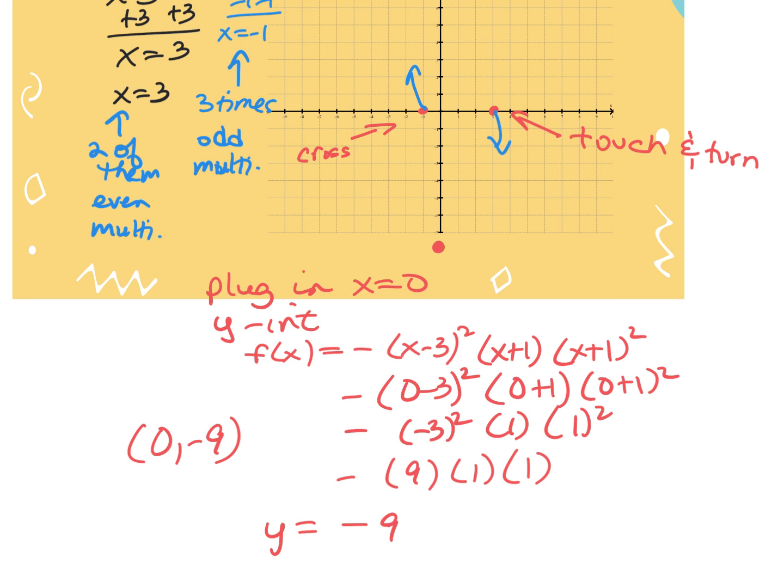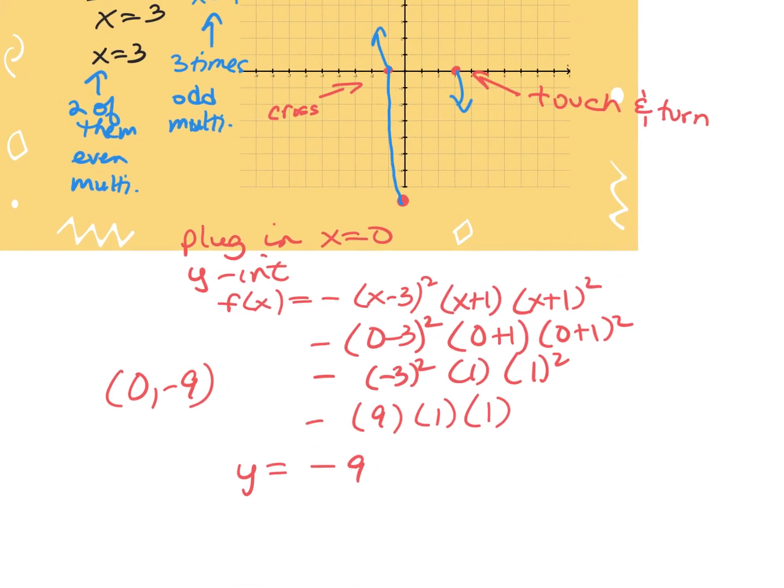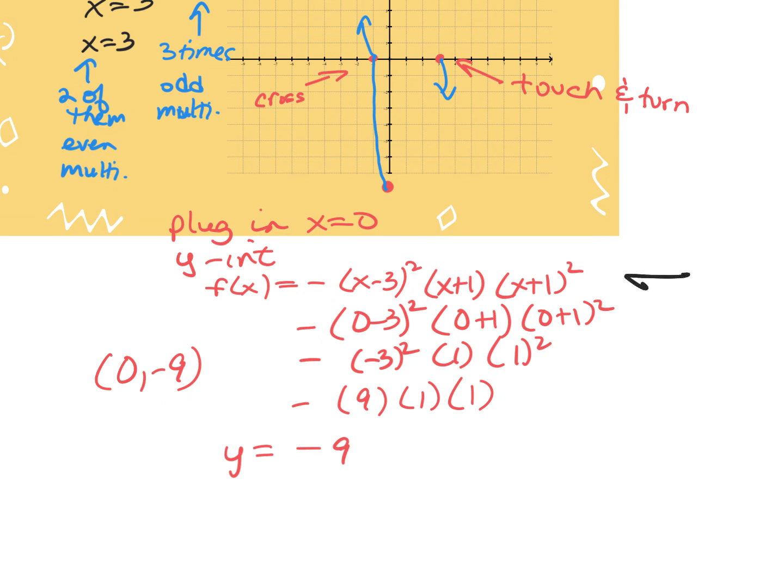So I can actually just come right here and connect this 0 to the y-intercept, but I need to find another 0 in here. And I'm going to plug in 2. This one I can't do synthetic with. So I'm going to take this original equation and I'm going to set x equal to 2.